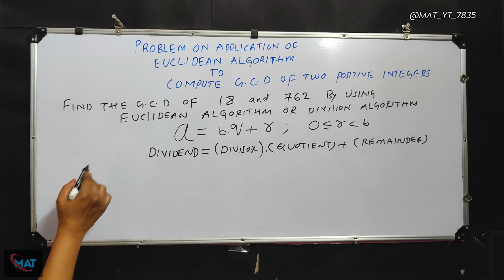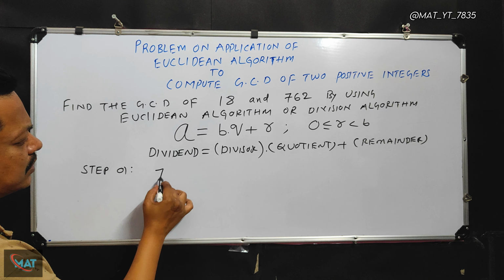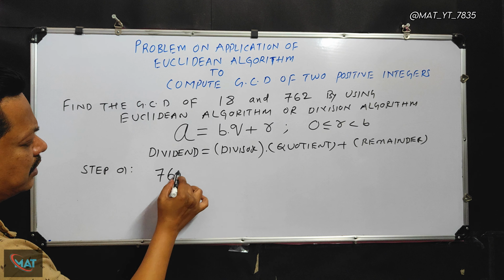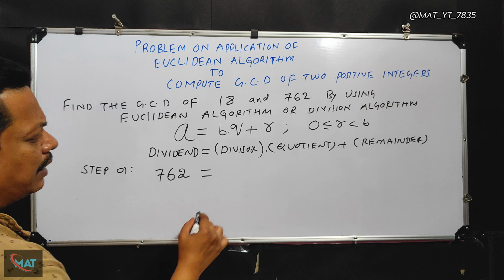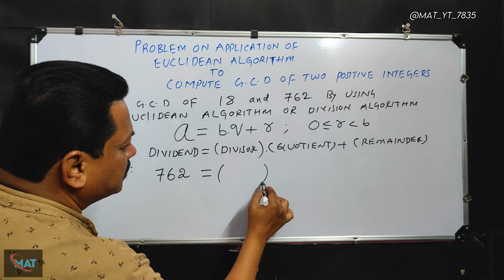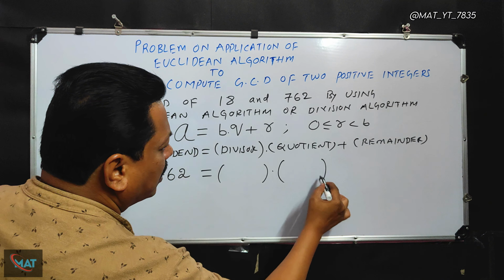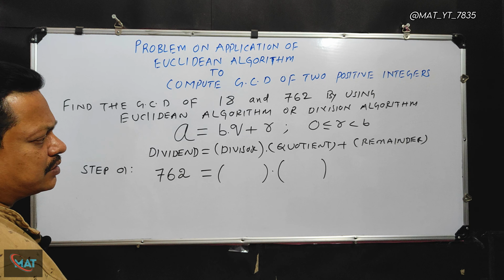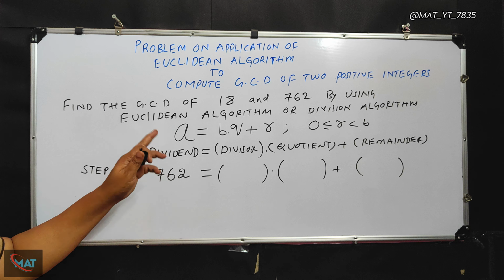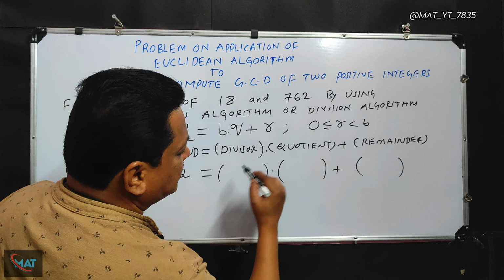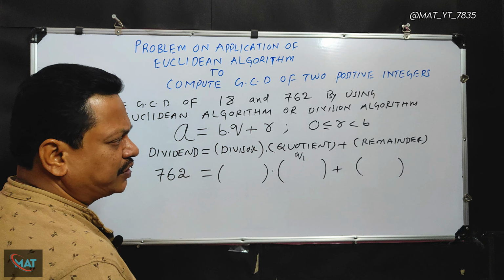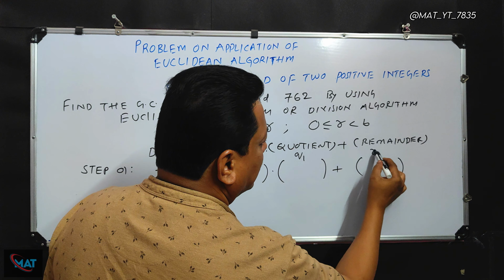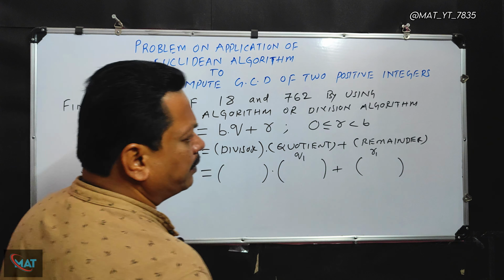So because it's an algorithm, we have to proceed like this. Step 1. We write the larger number, dividend 762, is equal to, and I am going to use empty brackets to make it clear how the algorithm runs. One more bracket, because A is equal to B into Q plus R. The second bracket you designate by Q1, first quotient, and the last bracket remainder 1.